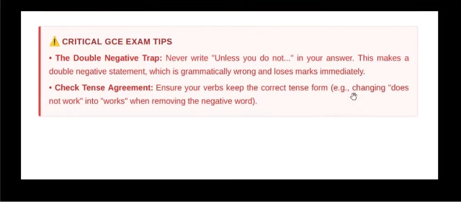So this is the example: "does not work". The verb here is "work". If your original sentence was having "works", once you've introduced "does", just remember that this will automatically change to its original form, to be "work". Just "work". Do not say "works". Avoid that when removing the negative word.